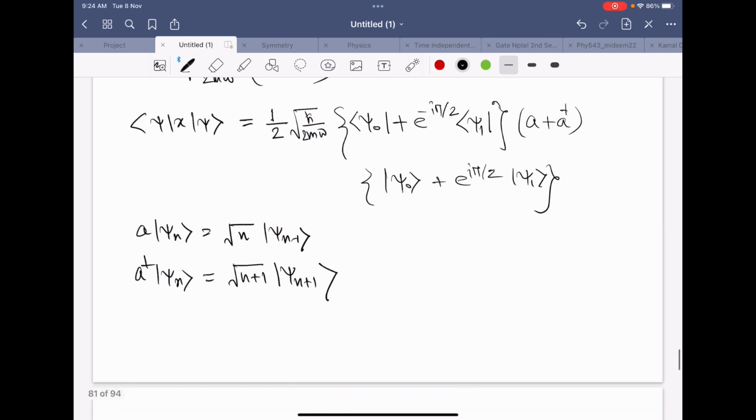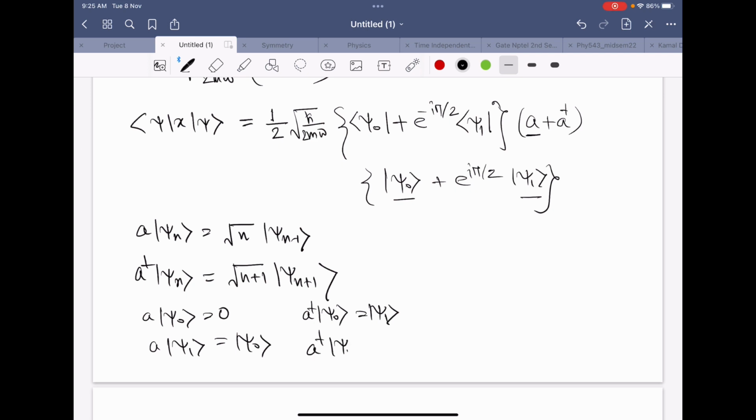Using these, A acting on psi 0 is 0, A acting on psi 1 is psi 0, A dagger acting on psi 0 gives psi 1, and A dagger acting on psi 1 is root 2 psi 2.